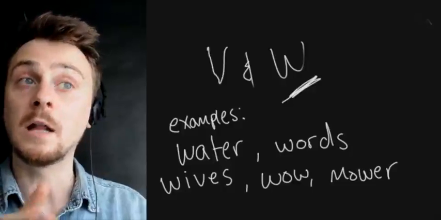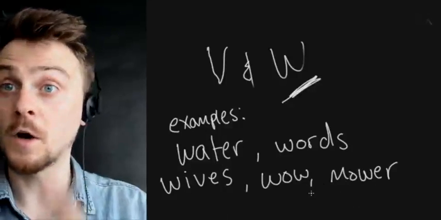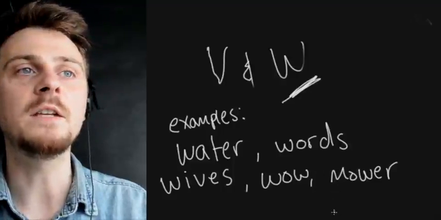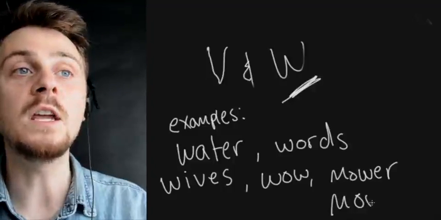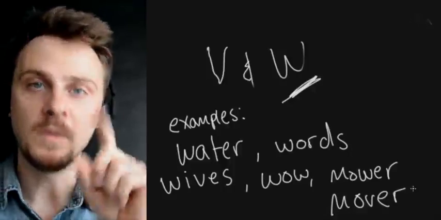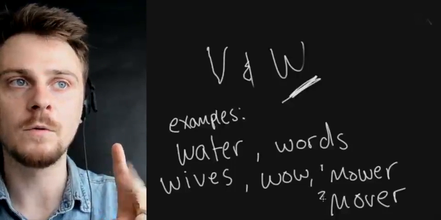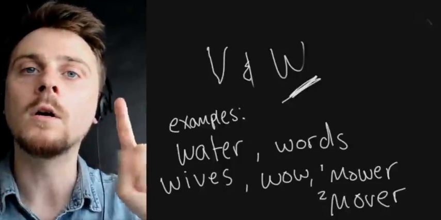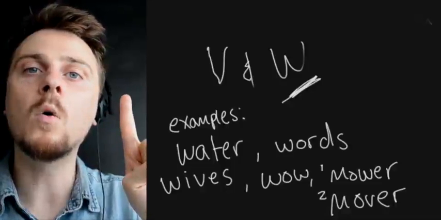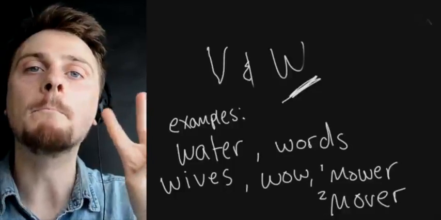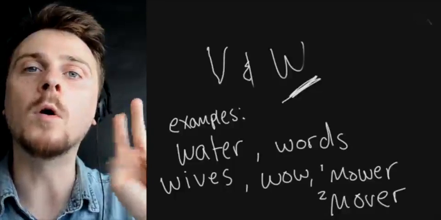Now let me just add one here for comparison so you can see the difference between this one and the V sound. M-O-V-E-R. I'll do 1 and 2. Okay? Mower, mover, mower, mover, mower, mover.